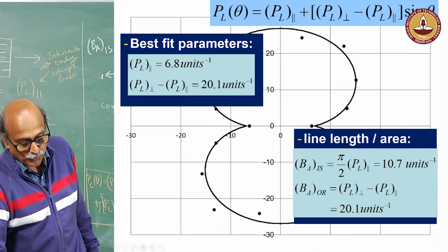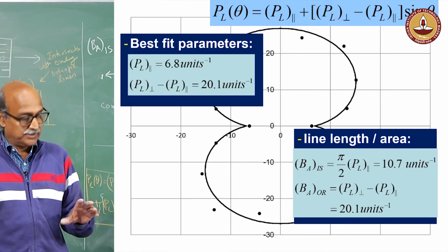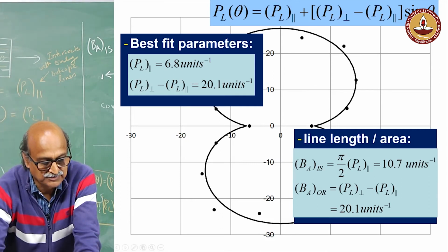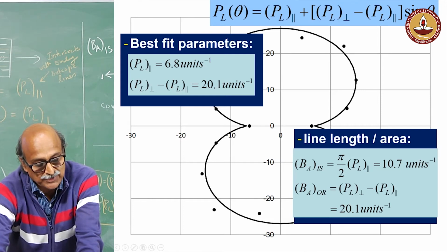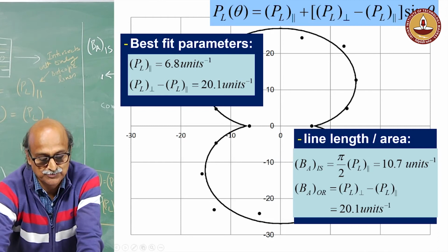So, if I calculate now boundary length per unit area of the isotropic component, boundary length per unit area of the oriented component, this is what I am going to get. For the isotropic component, this relationship is the one that is to be used, pi by 2 times PL parallel, and I will get 10.7 per unit.